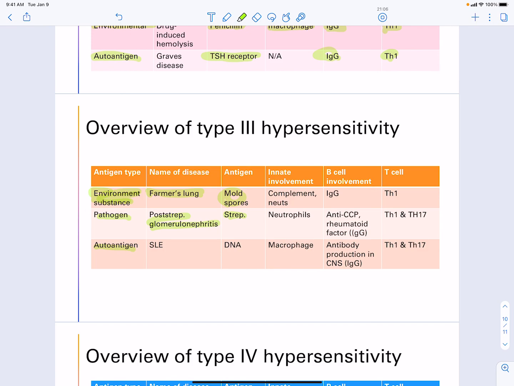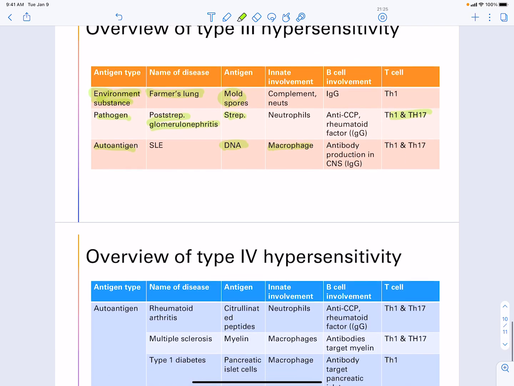It's going to involve neutrophils. You're going to have rheumatoid factor, anti-CCP involved, as well as Th1 and Th17. Systemic lupus, DNA is going to be a target. We're going to have macrophages, antibody production, Th1, Th17.